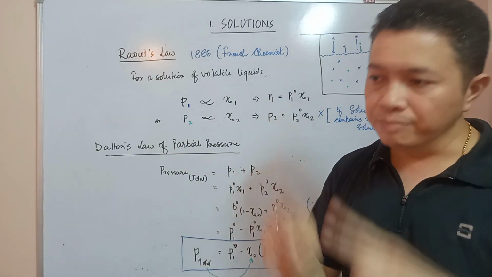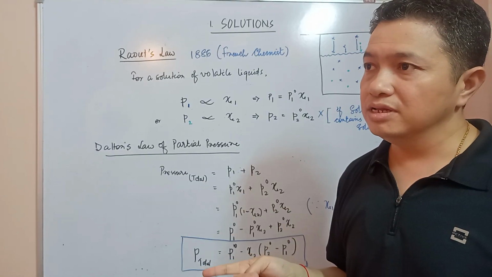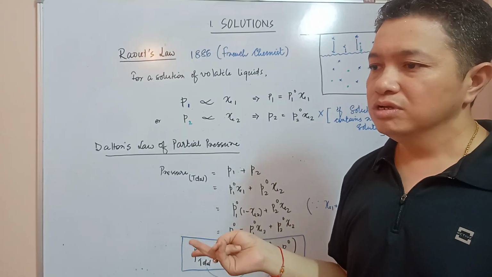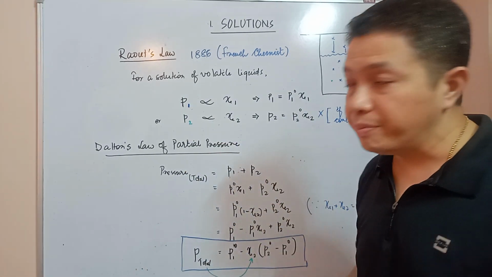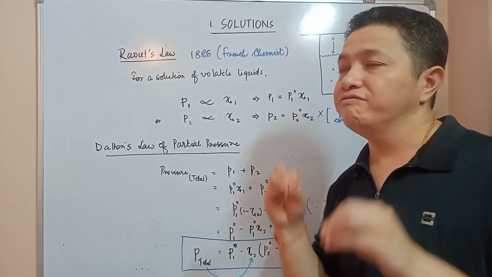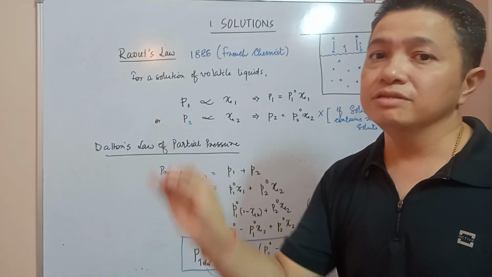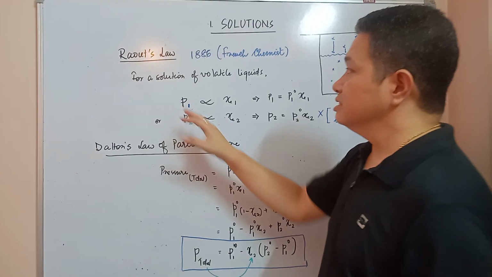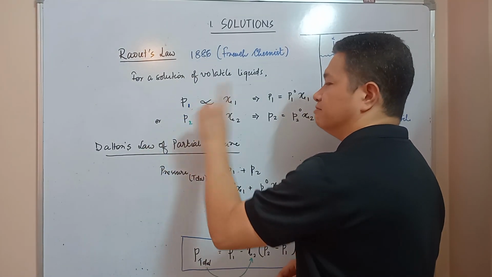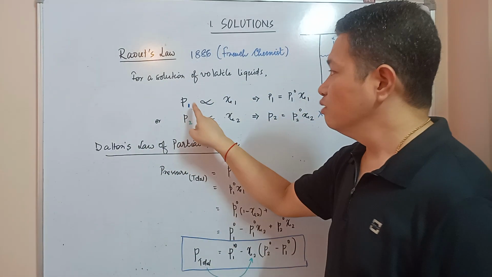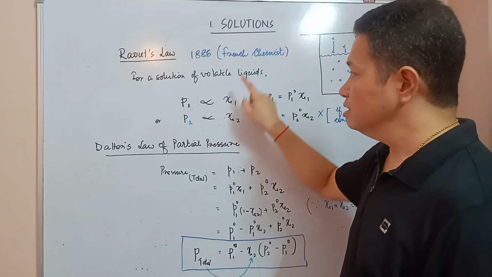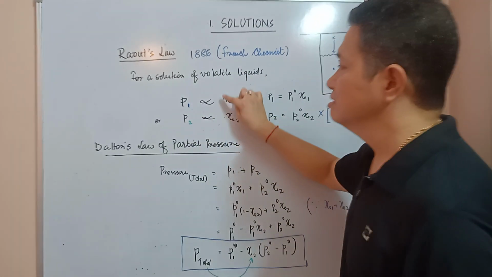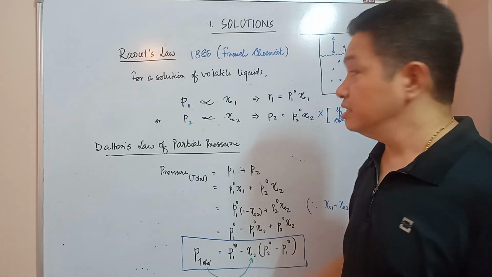Since there are two components, both the components are exerting pressure. Both are having vapor pressure. So instead of saying vapor pressure, let's say partial vapor pressure. The partial vapor pressure of one of the components, say component number one, is proportional to the mole fraction of that component.